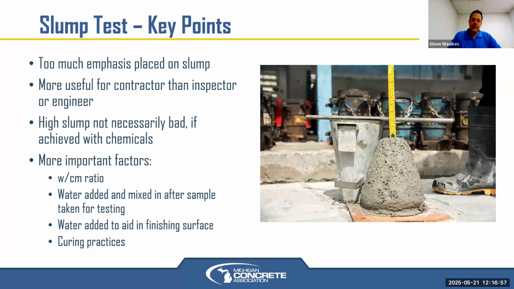Historically, back in less technologically advanced times, the slump test was a measure of how much water we added to this batch versus the next one that we test. We didn't have chemical admixtures or different cementitious materials to choose from.